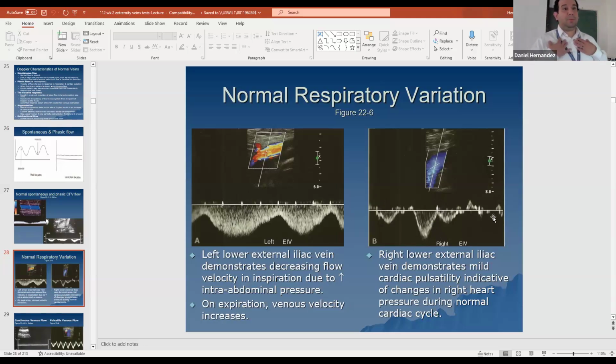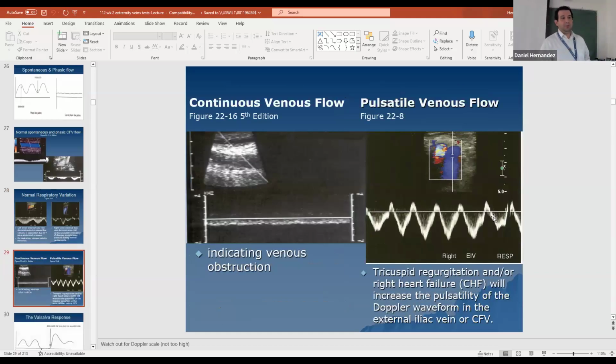Particularly with the subclavian, innominate, and IJ, the jugular vein, those are in very close proximity to the heart, so we'll get a lot of cardiac pulsatility in those vessels. It's less common to see pulsatility in the legs. But if you do see pulsatility when doing your lower extremity DVT studies, that could potentially indicate a patient who has congestive heart failure, or CHF, or some sort of right heart pathology like tricuspid regurgitation.